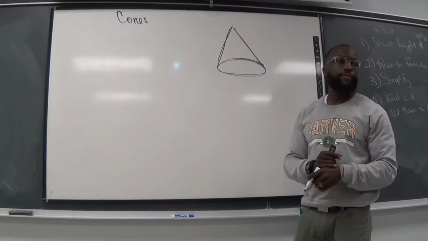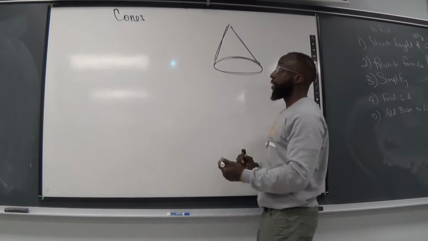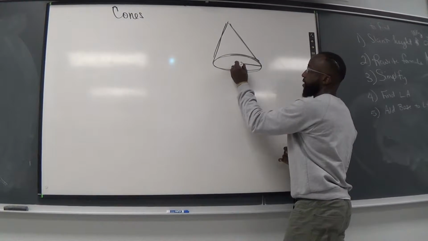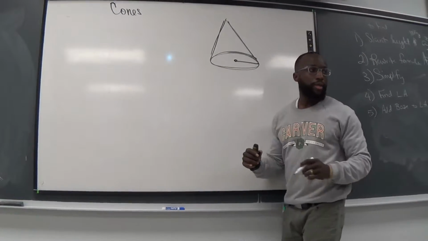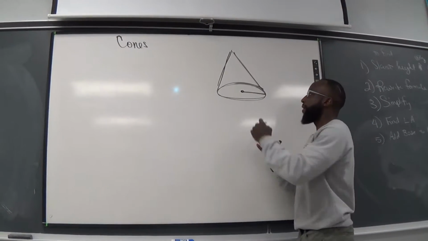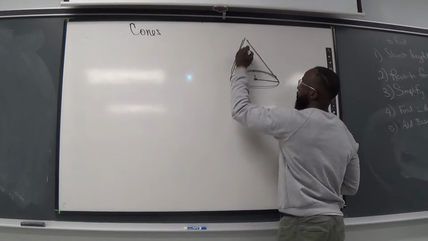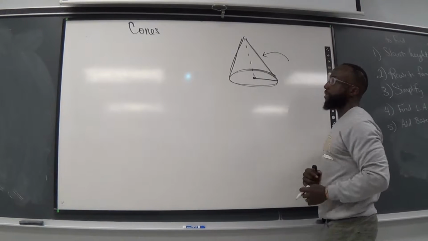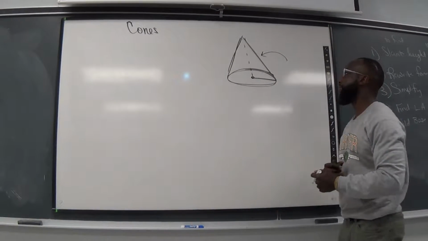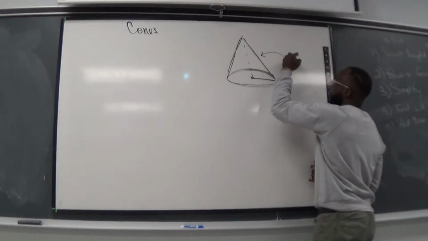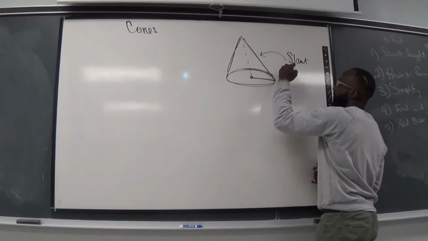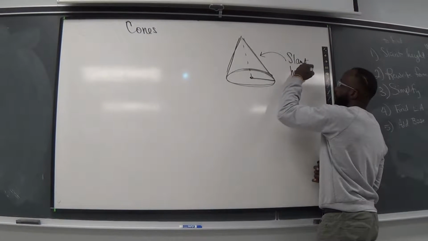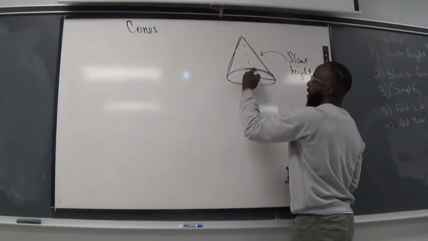So the surface area for a cone is going to be situated around the radius of the base circle, and also the slant, right? This is called the slant height. In order to find the slant height, you're dealing with what we call a right triangle.